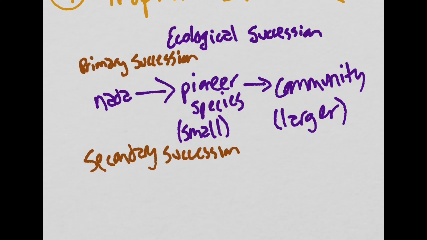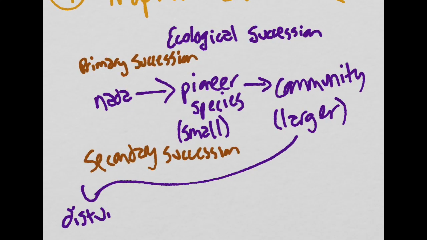Now, secondary succession has a lot more to do with resilience in a community. It starts out, actually, with the community already. And what happens is the community will experience a disturbance. This could be something like a natural disaster, such as a wildfire.